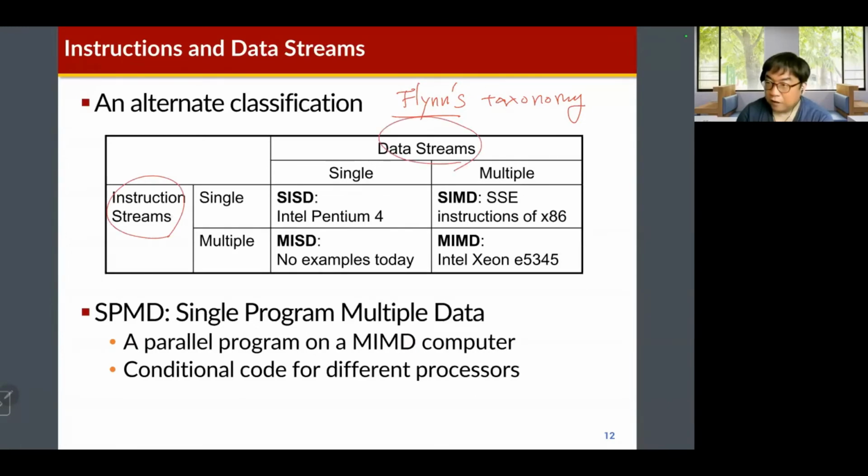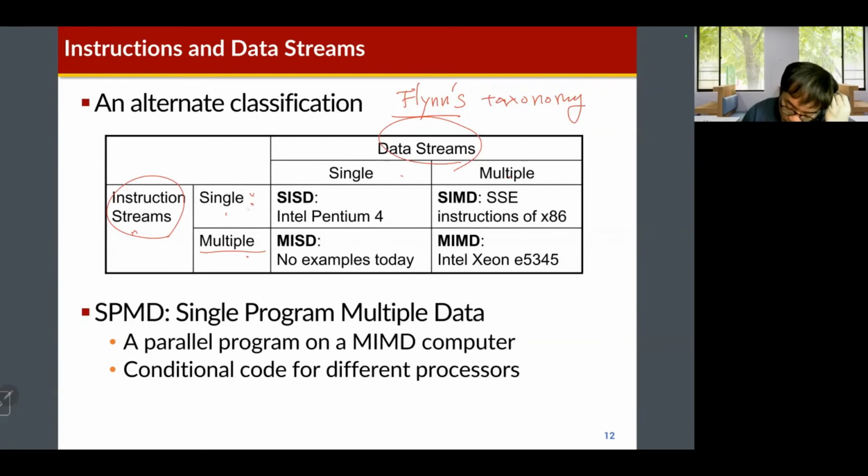So we can process a single data using a single instruction, or with a single instruction the processor handles multiple data. Or with multiple instructions, these can handle a single data. Based on single and multiple instruction streams, and single and multiple data streams, we can classify a processor into 4 different classes.